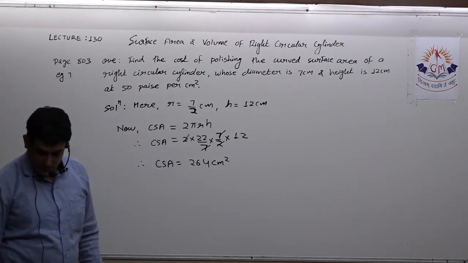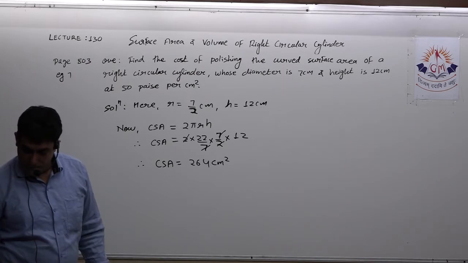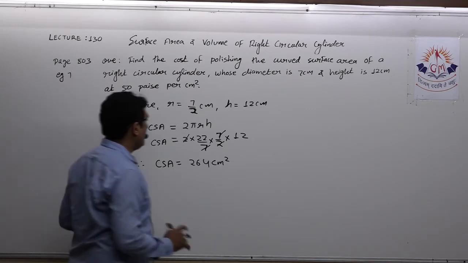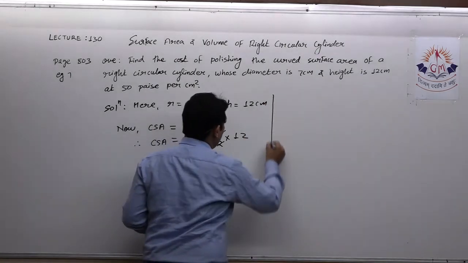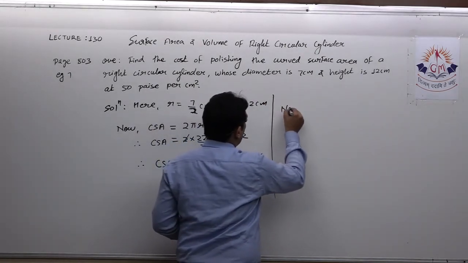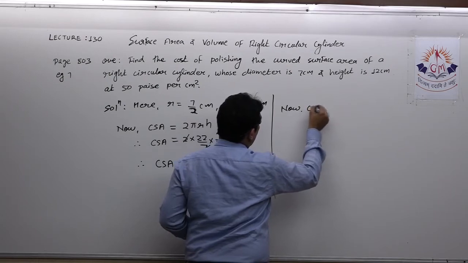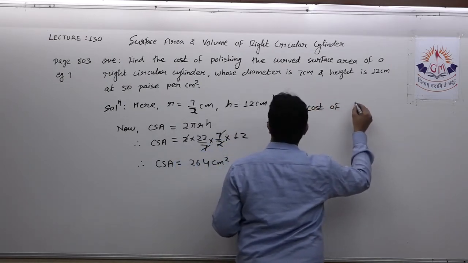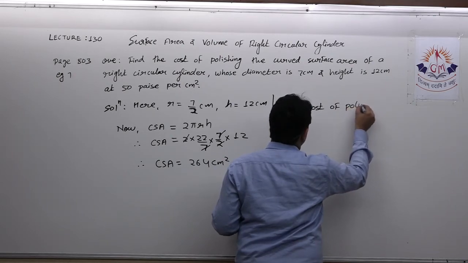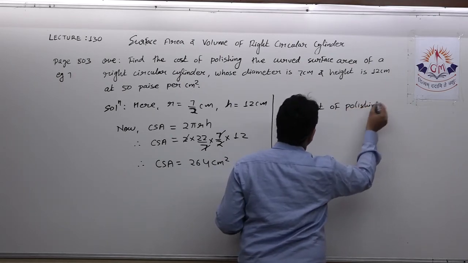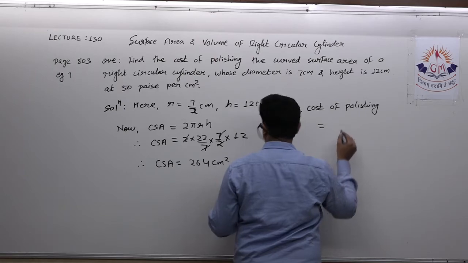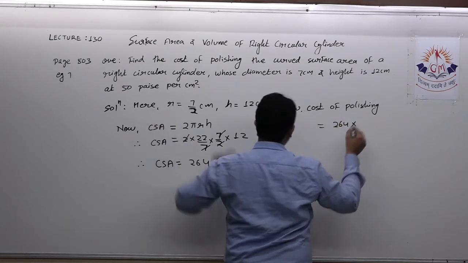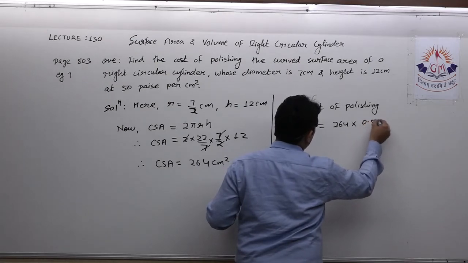This is the curved surface area of this. Let me check, yes, 7 centimeter and 12 centimeter. Now we have to find the cost. So the cost of polishing is equal to 264 multiplied by 50 paisa, that is 0.50.